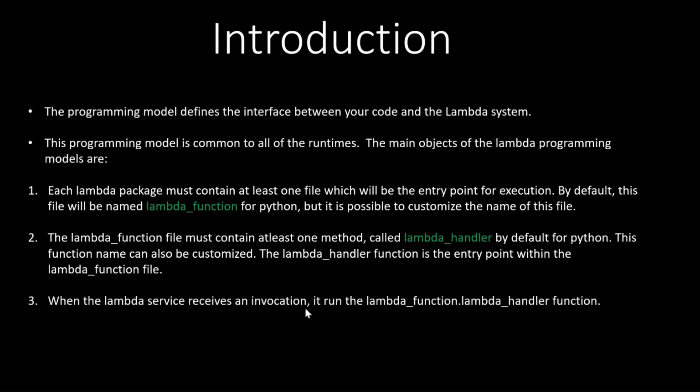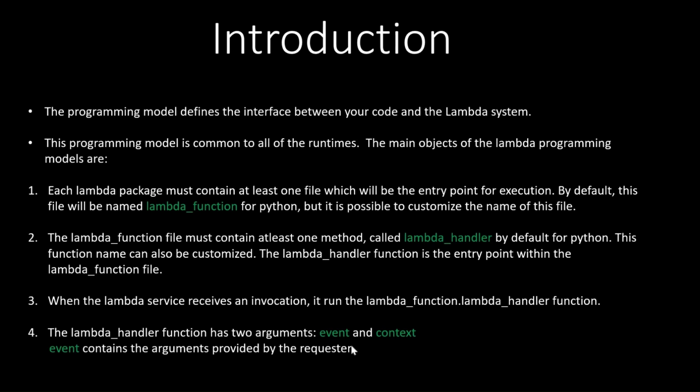When the Lambda service receives an invocation, it runs the lambda_function.lambda_handler function. So it invokes this function lambda_handler in the file lambda_function. The lambda handler function has two arguments, event and context.